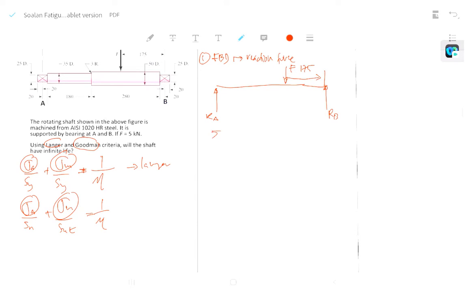So moment equal to 0. Let's take moment about A equal to 0. Then you will get RB.